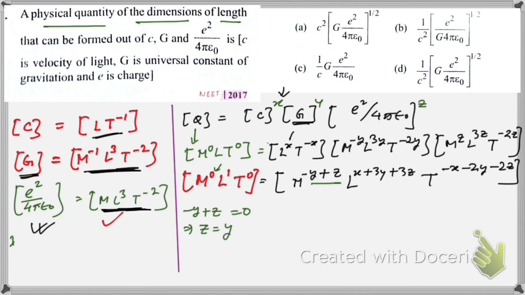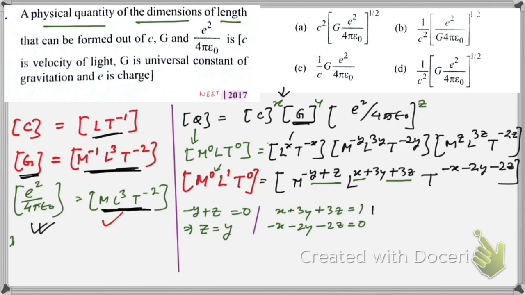Similarly, on L we get x plus 3y plus 3z equal to 1, and the power on T is 0, so minus x minus twice y minus twice z is going to be equal to 0.